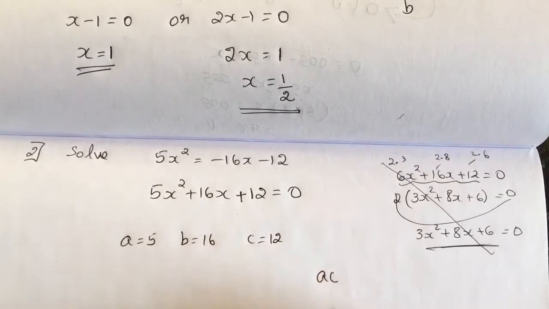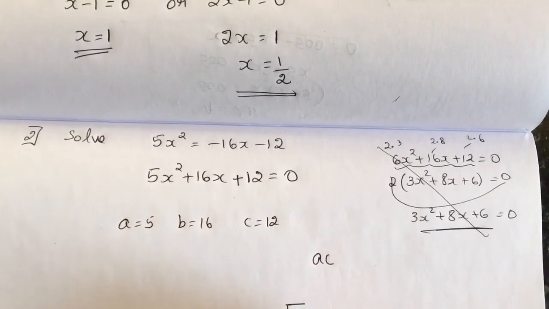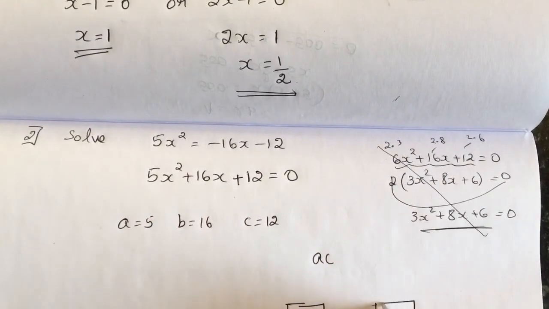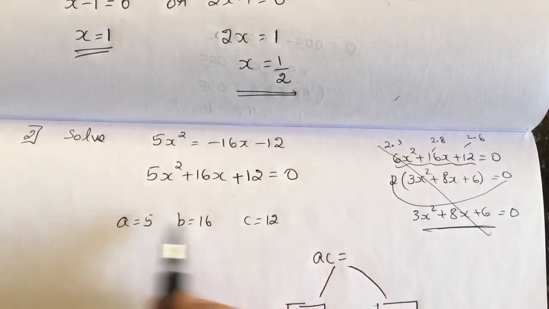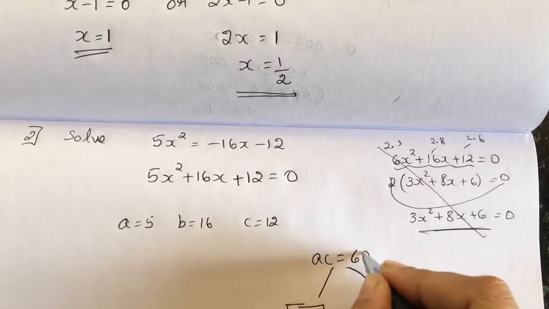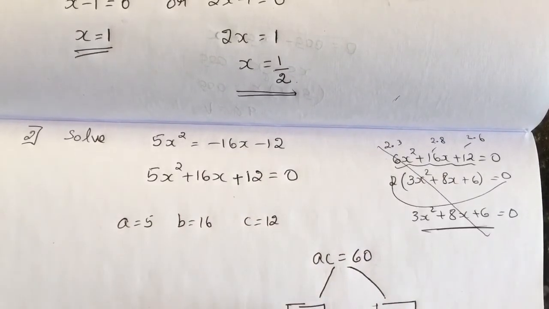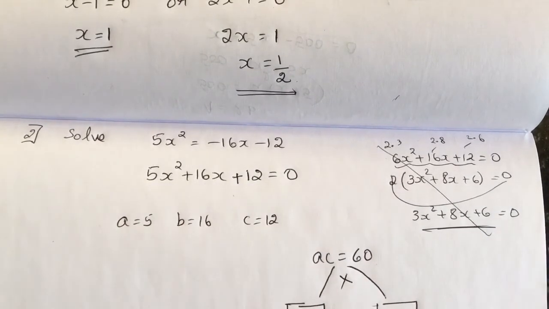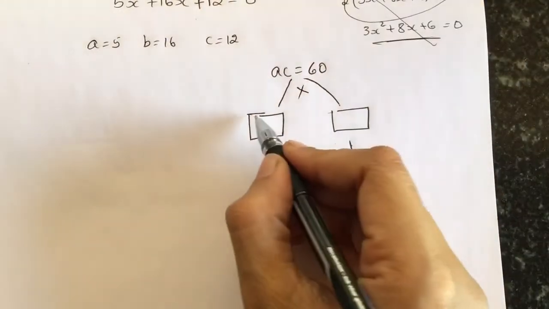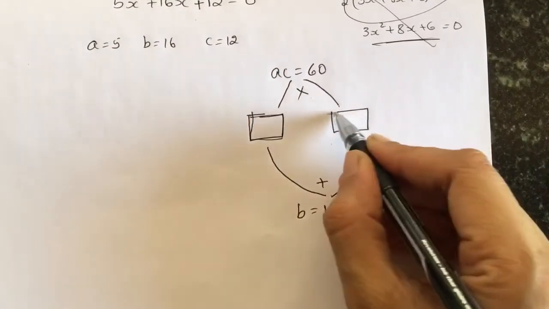Product AC, you have to calculate two numbers in such a way that their product is equal to AC. A into C is 60, and their sum should be equal to 16, which is B. You have to calculate two such numbers.